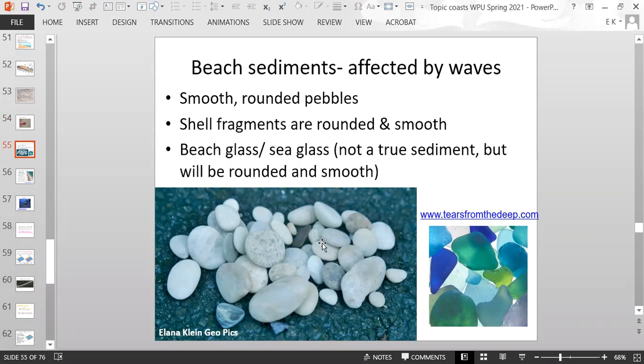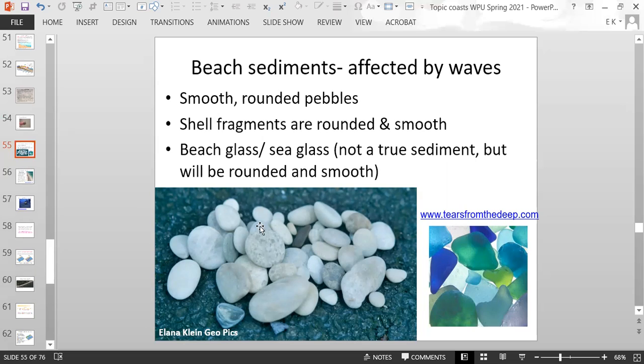They're going to hit into each other, being tossed around in the turbulence of the waves. And then they're also going to have sand grains bump into them as well. So sand grains will bump into pebbles, and the sand grains bump into each other, and everything is bumping into the seashells. And all of this bumping into each other is causing abrasion.